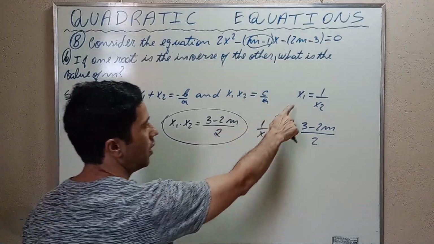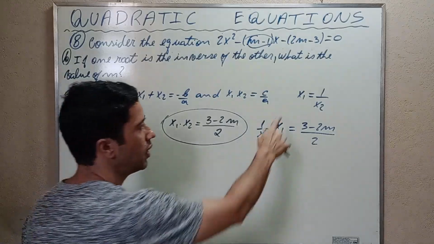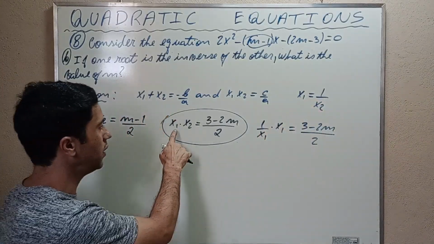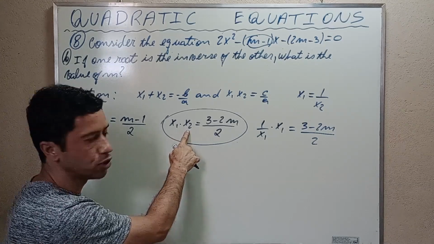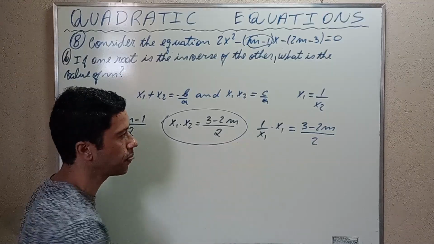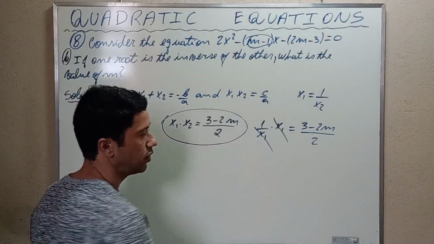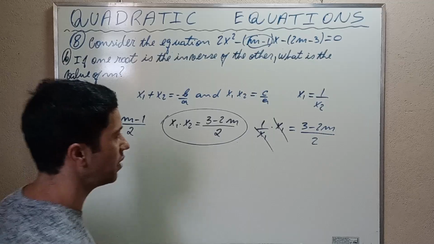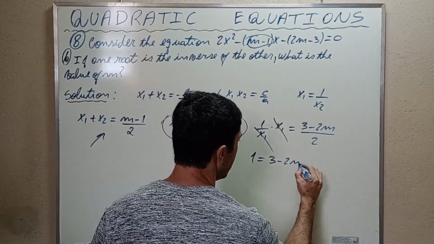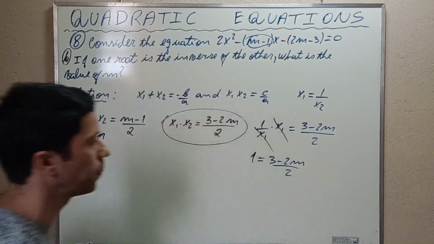Observe that as the exercise imposed, x1 is the inverse of x2. Then, in the place of x2, I can put 1 over x1 here, and I can cancel this guy with this guy, and I find that 1 is equal to 3 minus 2m divided by 2.